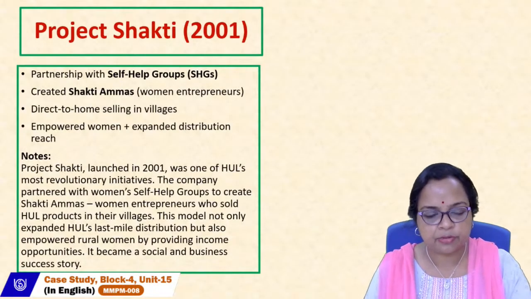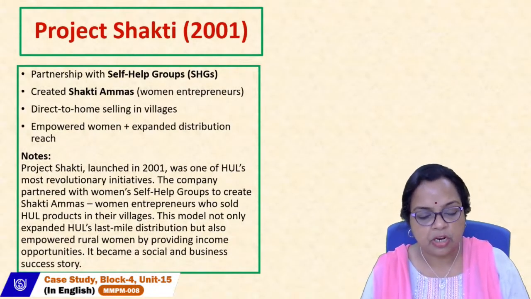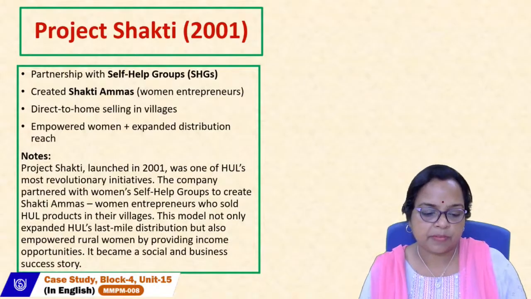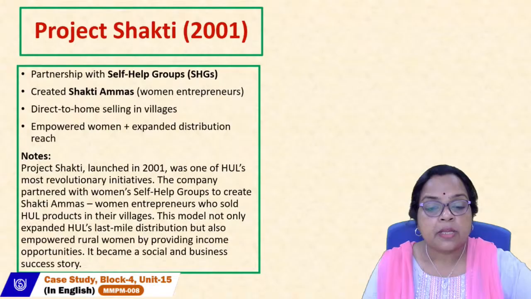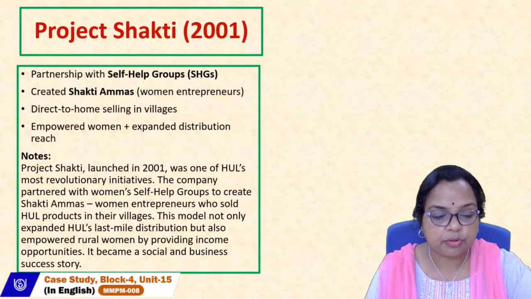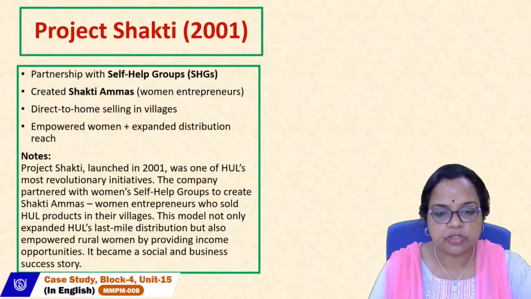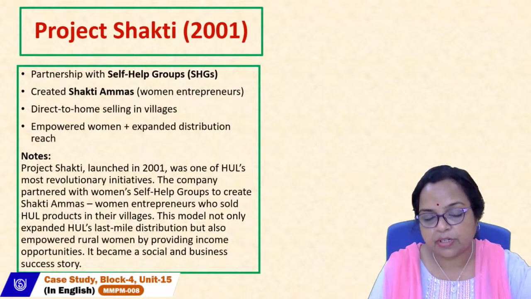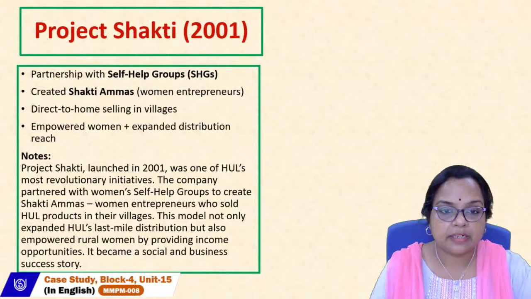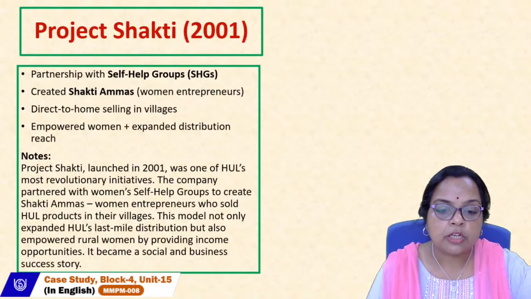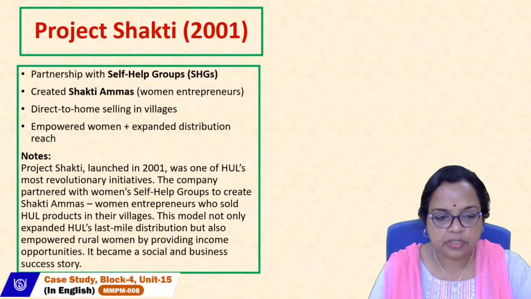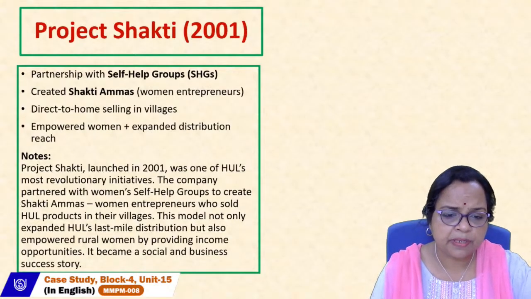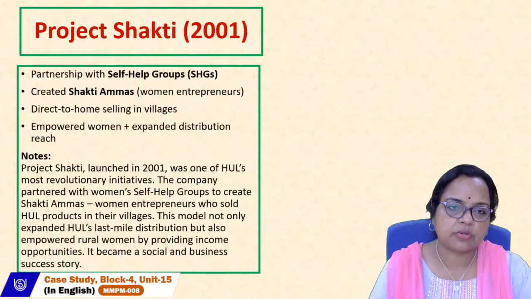They helped the company reach the last mile distribution, taking the product from the company stockists to the consumer's house. But through this, the women were also empowered to have an additional income from the company, and they started being the influencers to sell the products to the houses of village consumers. So it became a social and business success story.